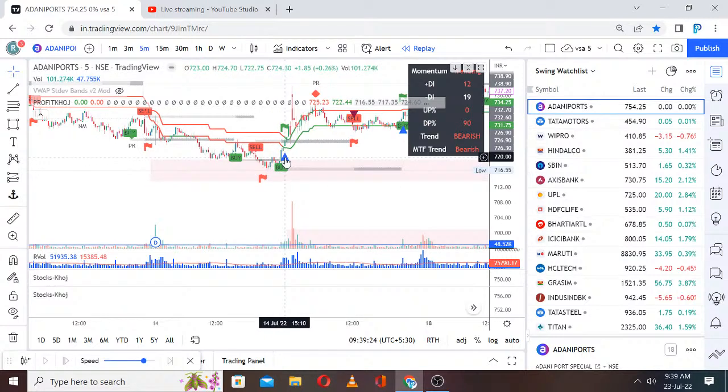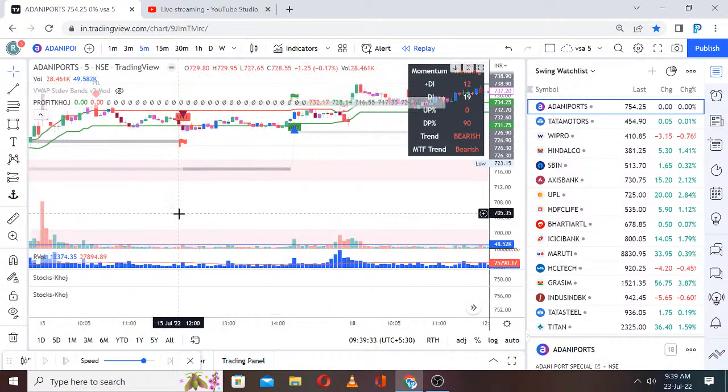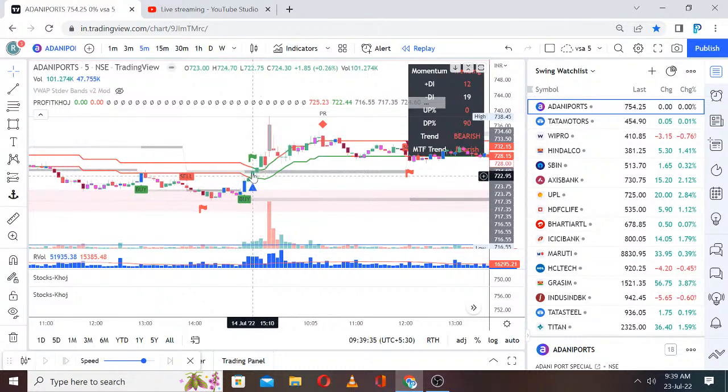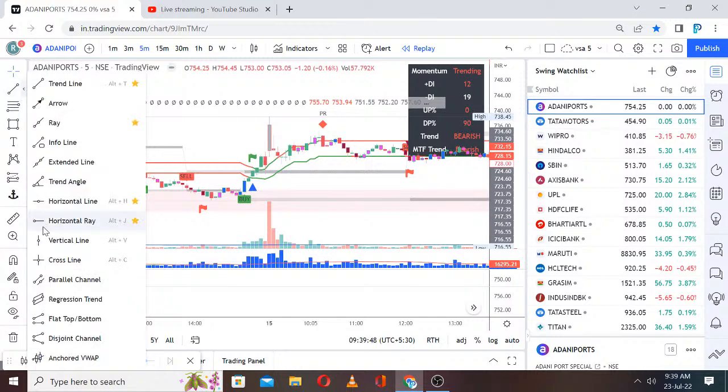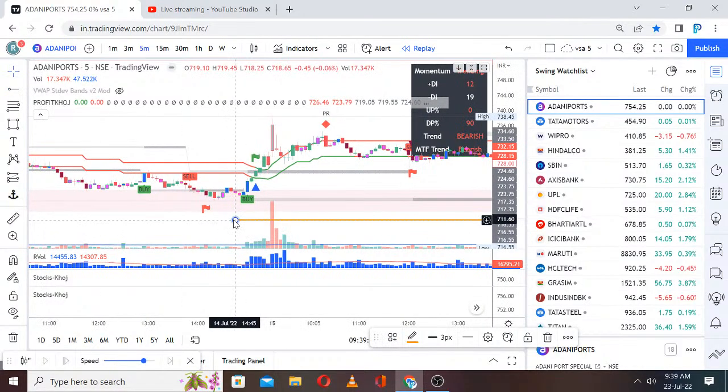There's a flag, blue arrow, buy signal, flag and blue arrow. So this will be your entry, right here, above the gray area. For this, your stop loss will be below this area, somewhere here.